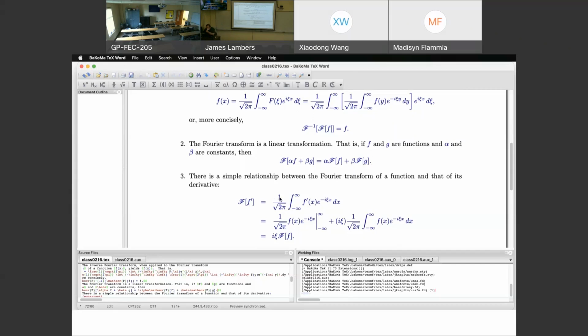So to show you what's happening here, I'm applying the definition of the Fourier transform to f prime. Then what I do is apply integration by parts. So if f prime is playing the role of dv, and e to the minus iξx is playing the role of u in the integration by parts formula, then we have boundary terms that come about from integration by parts, and then we'll have this integral. So this is the integral of the v du part.